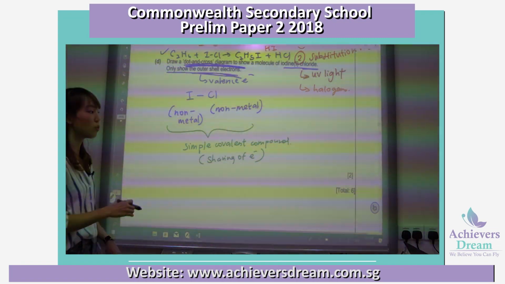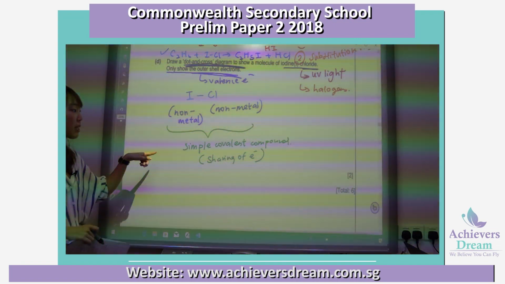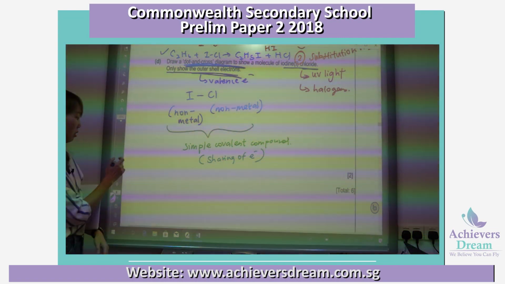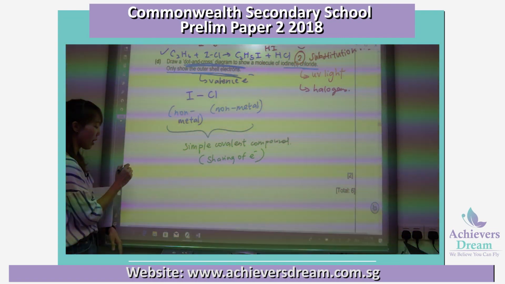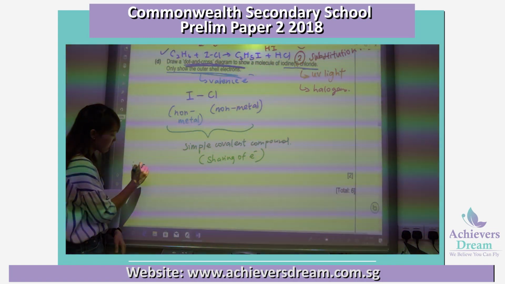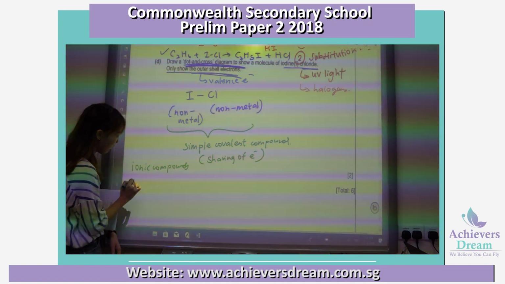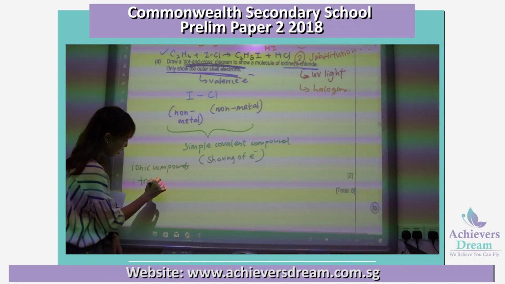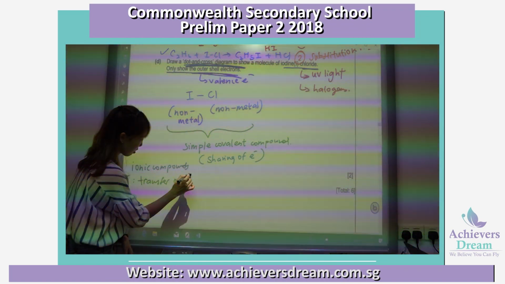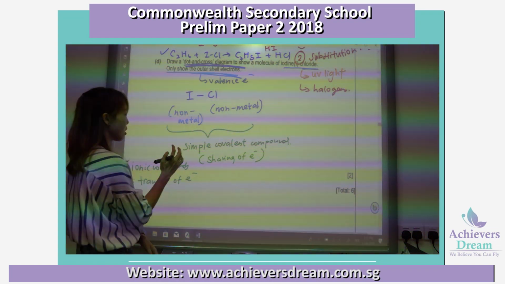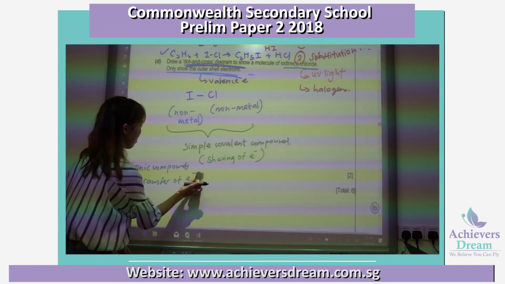Must learn to differentiate between simple covalent compounds and ionic compounds. For simple covalent compounds, we are sharing electrons, but for ionic compounds, we are not sharing electrons, we are transferring electrons, from metal to non-metal. So you must know the difference.